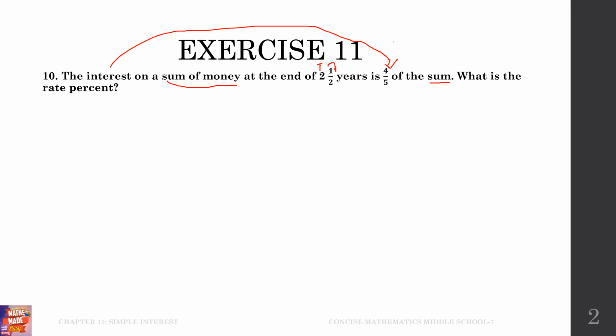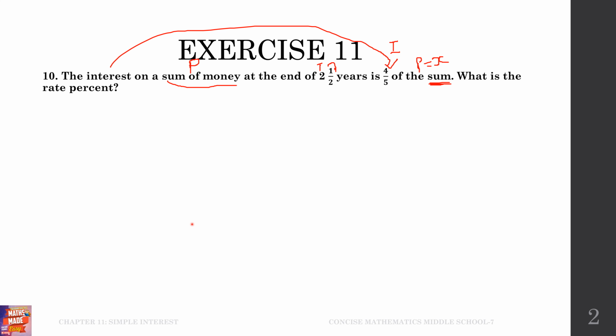That means this will be I. And here, since we don't know what the principal is, we are going to assume the principal as x. Right children? Principal is x. Because we don't know, we have to assume it, because he is saying that 4 by 5 of this principal, that means 4 by 5 into x, is the interest. Is it clear children?